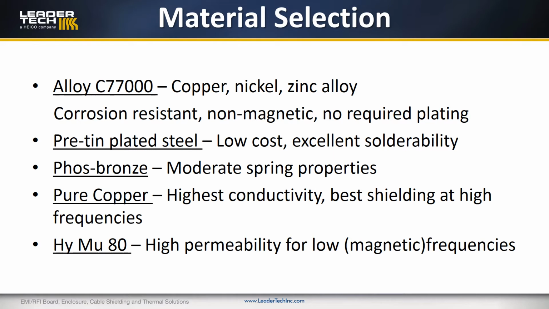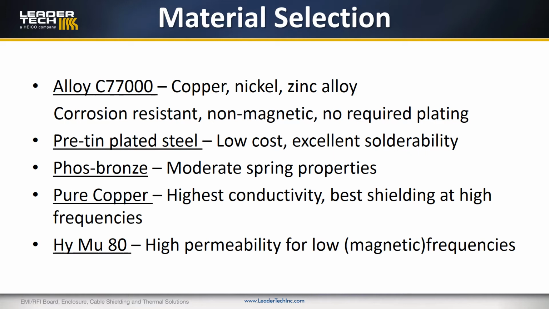The next material is pre-tin plated steel. So pre-tin plated steel is our standard type of material. It's cheap, it's easy to manufacture, it has excellent solderability. The trade-off is it doesn't have good corrosion resistance. So if you were going to use this shield where it would be subjected to moisture, the metal has been plated from the mill, from the material manufacturer.